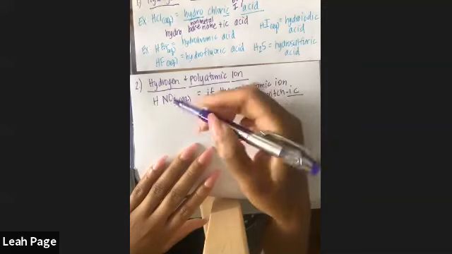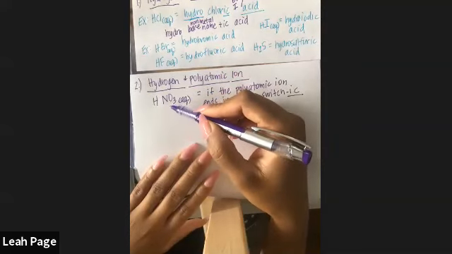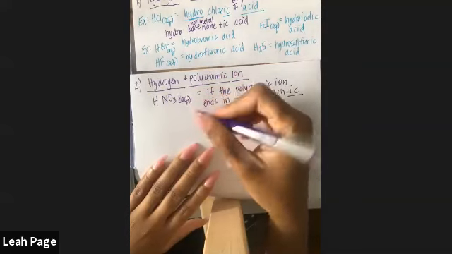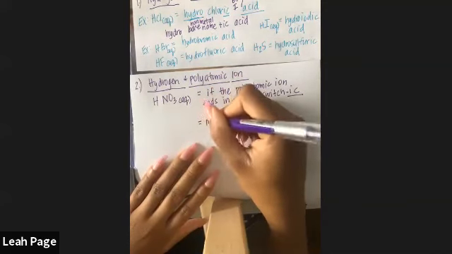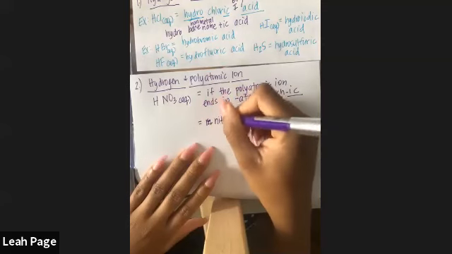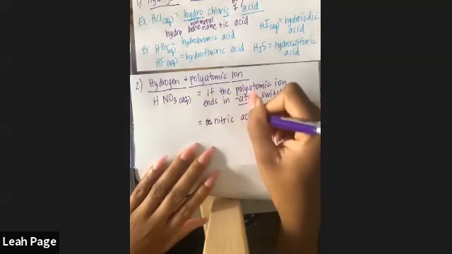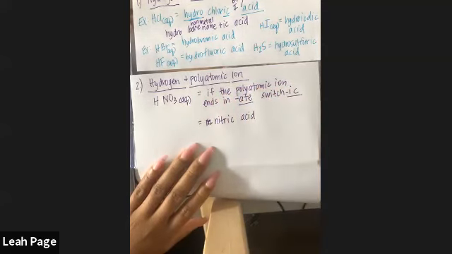So in this case, this is nitrate. It ends in ATE. It's with hydrogen, so that makes it an acid. I'm going to call it nitric acid. So I just changed the ATE to IC and made it nitric acid.